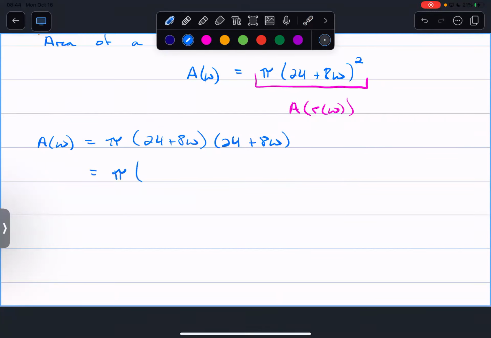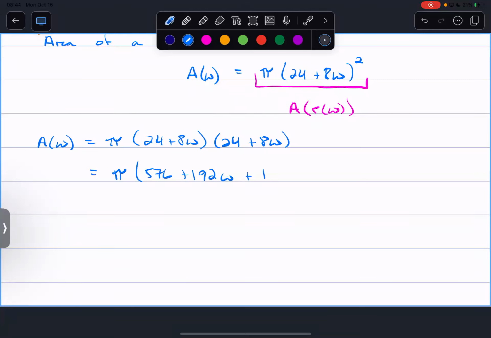Pi times 24 times 24, who knows? 576. 24 times 8 plus 192W, which is the same as 8 times 24.